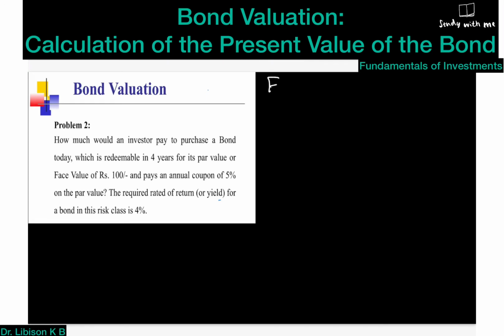So F is equal to face value 100, C coupon rate 5%, that means 0.05, maturity period T is equal to 4, capitalization rate, that is R in the formula, R is equal to 4%, that means 0.04.